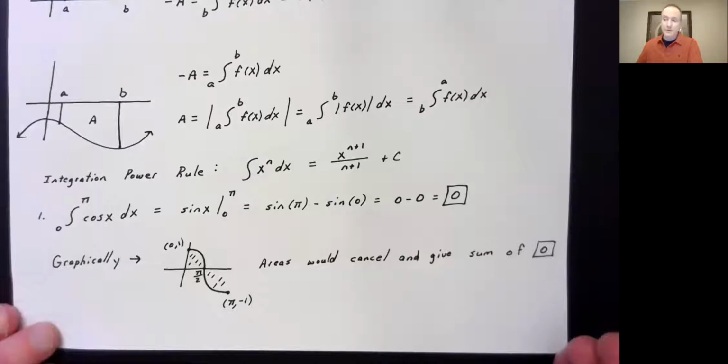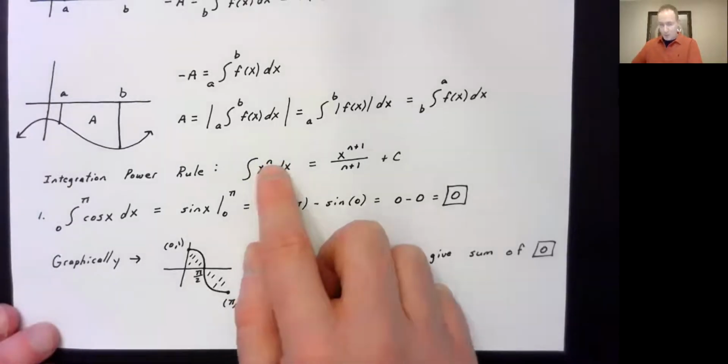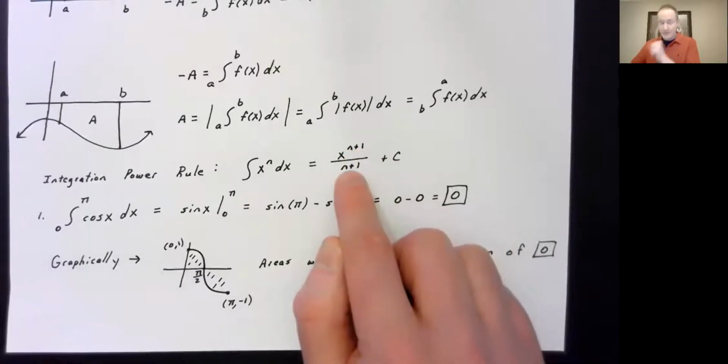You take the derivative of x to the n, you say it's n times x to the n minus 1. You bring the power down in front, and then the power is raised to one less power. Exact opposite order now. Instead of decreasing the exponent by 1, you're going to increase the exponent by 1. And then instead of multiplying by that new exponent, you divide by it.